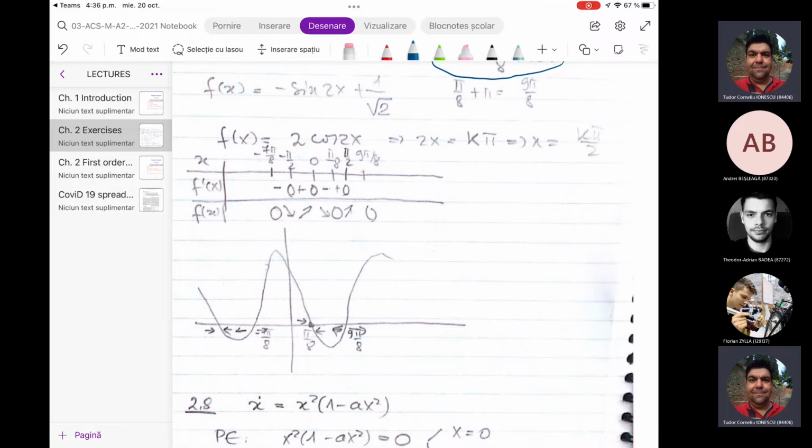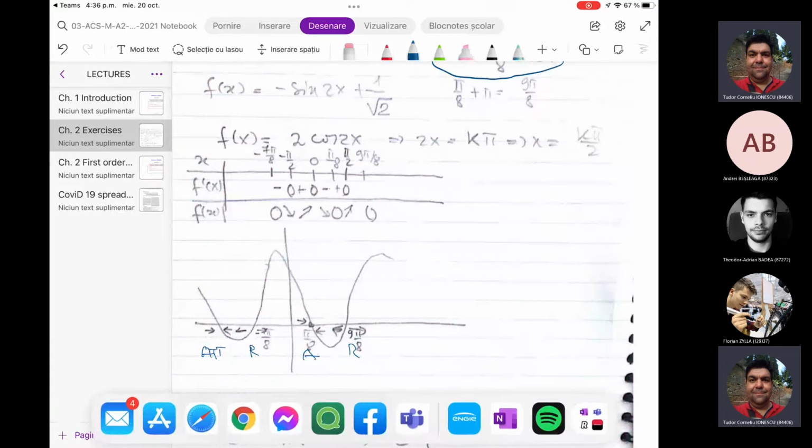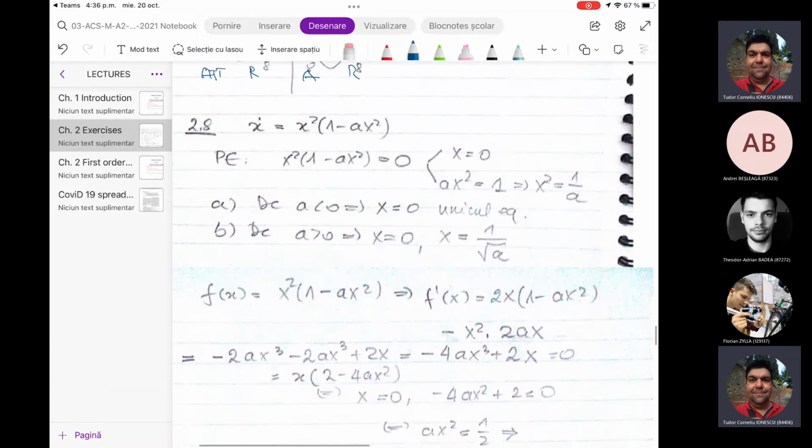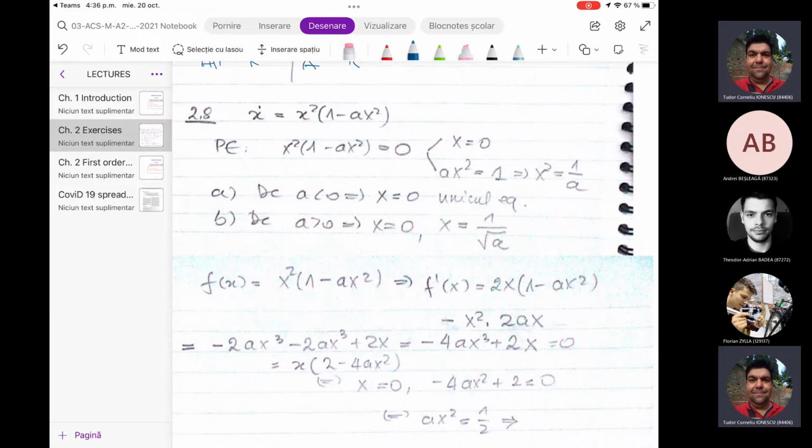Attractor, repulsor, attractor, repulsor, and so on and so forth. Then you have this example, x dot is x squared times 1 minus a x squared. Here the equilibrium points are 0 and plus minus 1 over square root a.